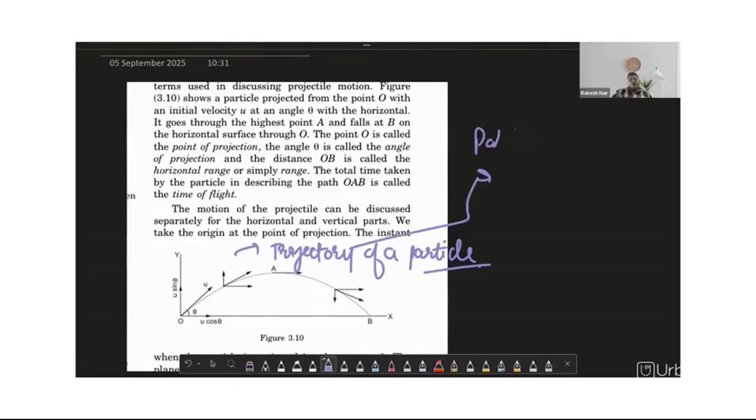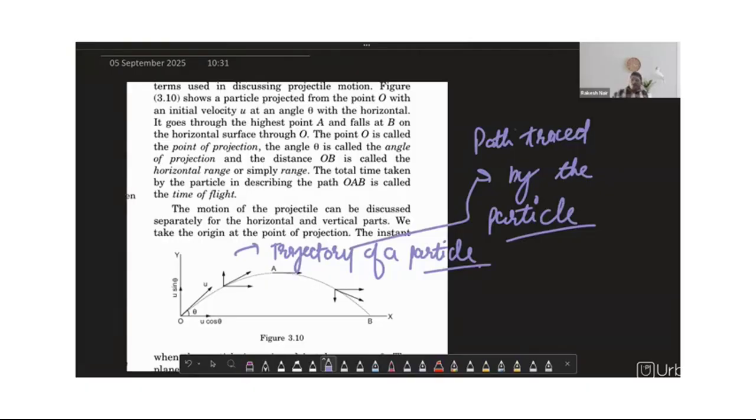This is the path traced by the particle. The path traced by the particle is known as the trajectory of the particle. And in the x and y axis, we can see the curvature, or the way the path has been traced by the particle.